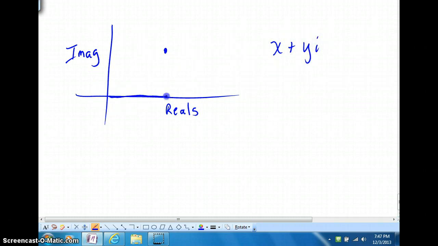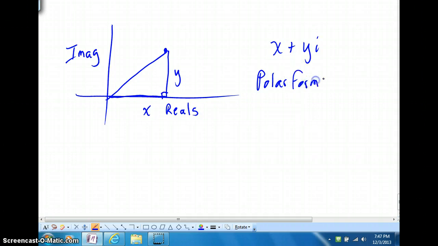So we'd be going x units over to the right, y units up. Another way to represent a point is through polar form. In polar form, and this is something that's studied in Calculus BC, polar form is thinking of a point primarily as a radius and an angle. We've got this angle right here, and we've got r.